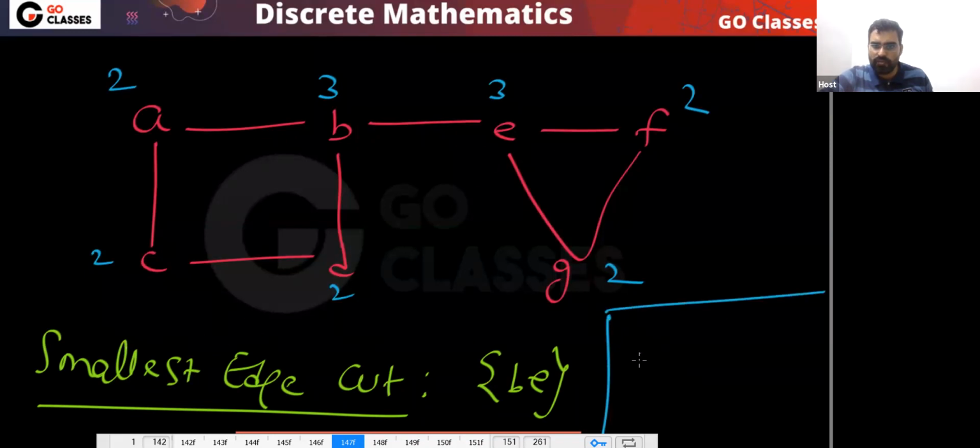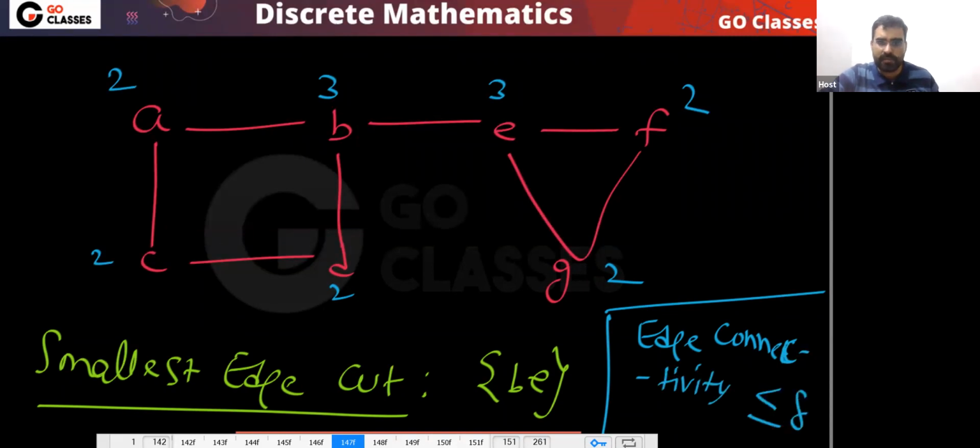So remember, the size of the smallest edge cut is called edge connectivity, and that is less than or equal to the minimum degree.